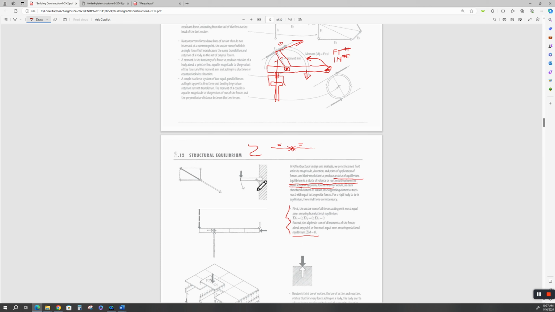So let's presume this is an overhang on a building and it has weight. It has the dead load and maybe it's got a live load. Let's say this is a fancy balcony and here's the old gray-haired man standing out here smoking his cigar. Okay, here we are.